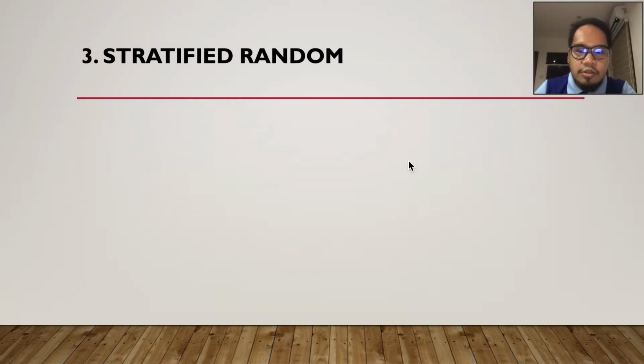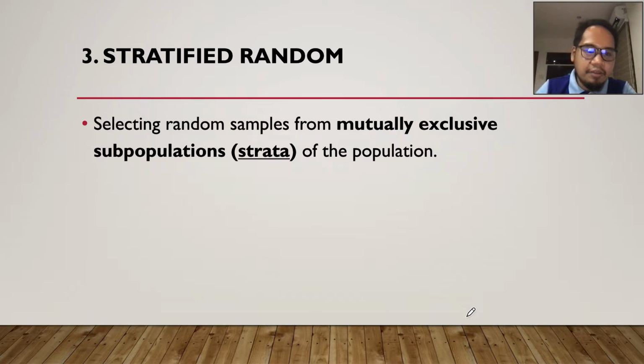Next, we'll talk about stratified random sampling. This is a common sampling technique that is used. This is stratification, which came from the word strata. Strata means a group of persons or participants who have a common denominator or common characteristic.